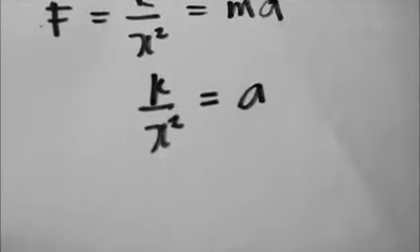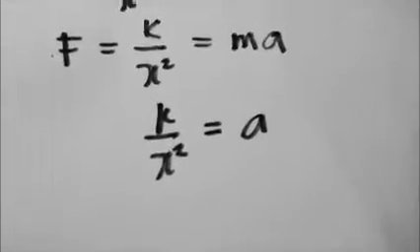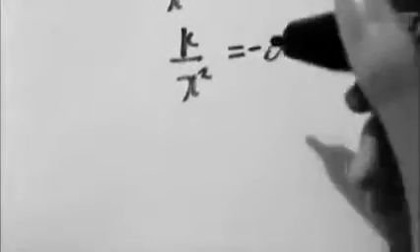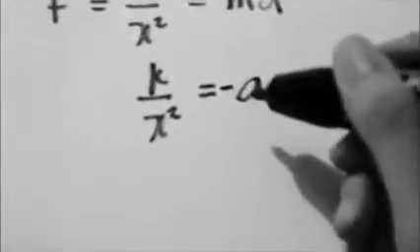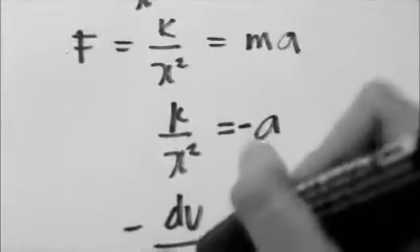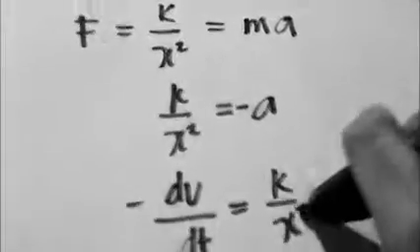So in A, it was mentioned that force is directed towards the origin, so we will have a negative acceleration. And acceleration is simply the change in velocity over the change in time, equals k over x squared.